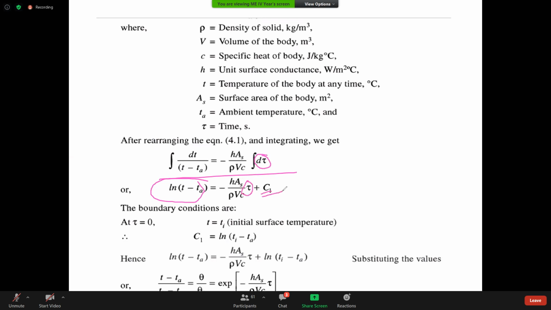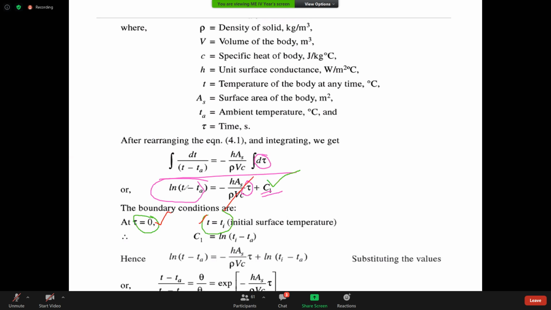After integrating, you will get an arbitrary constant, and we know the boundary conditions: tau is equal to 0, T is equal to Ti. Since we got one constant, to evaluate that constant we have to substitute the boundary condition, right? Substitute tau equal to 0, this entire term becomes 0, and T is equal to Ti.